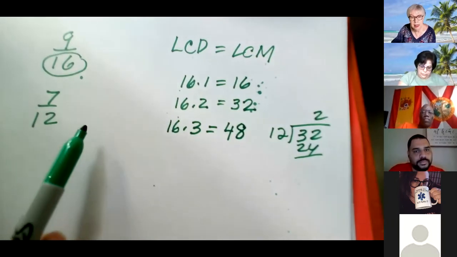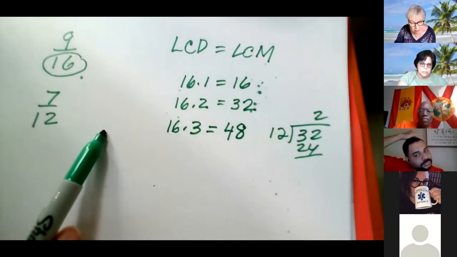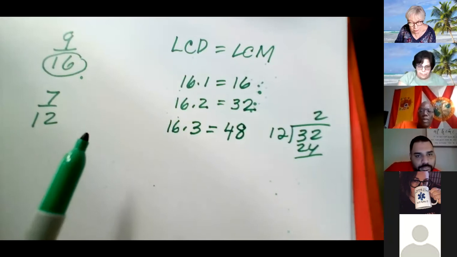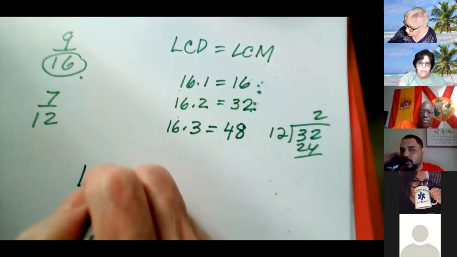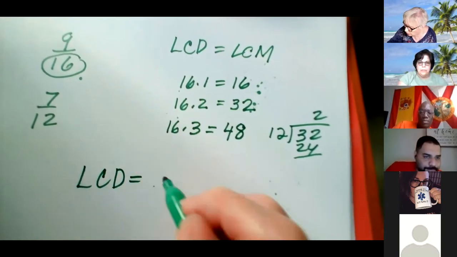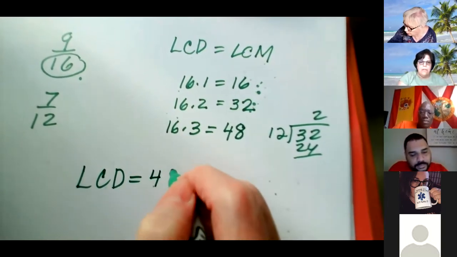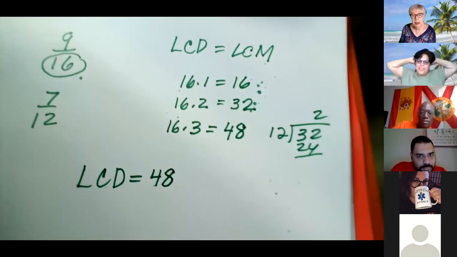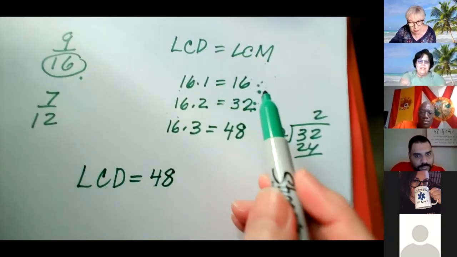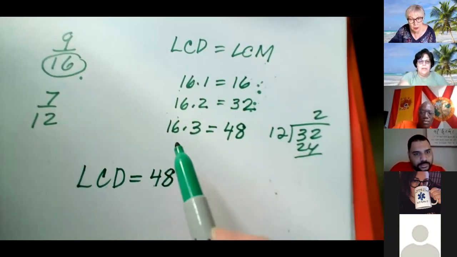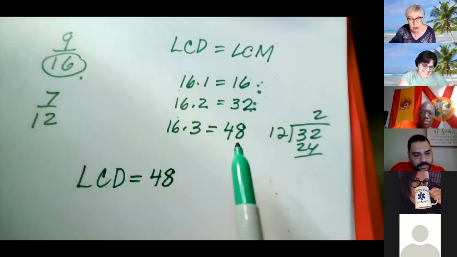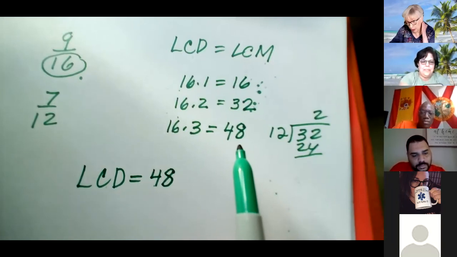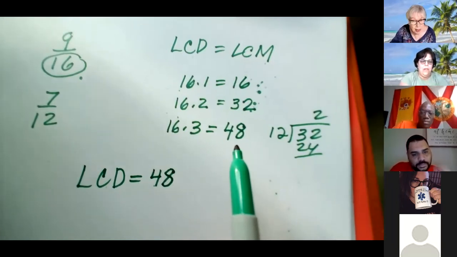Does 12 go into 48? Yes, it does. So the least common denominator or least common multiple is 48. So it all depends on your comfort level of doing multiples, because if you make a mistake on the multiples, you might not see the right answer, but it is 48, isn't it?